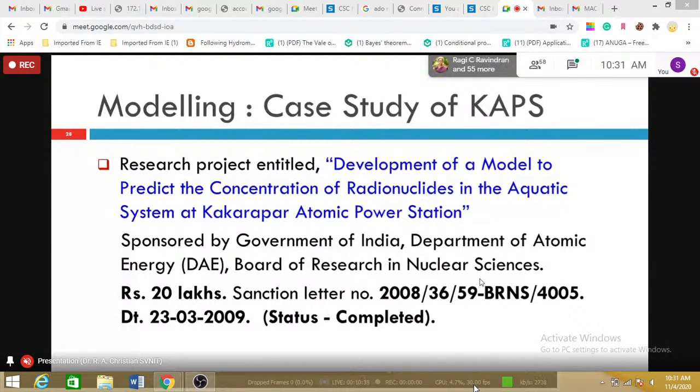Those from Gujarat might know about this. It's an atomic power station. The project was sponsored by the Department of Atomic Energy (DAE), awarded in 2009, and we completed it in 3 years. It's an interesting project.